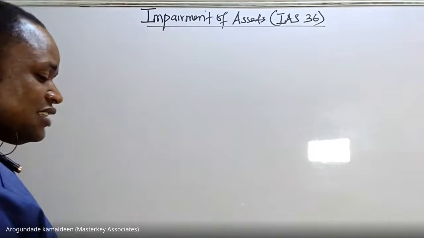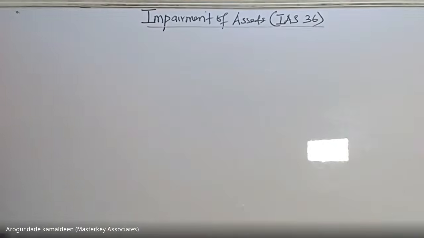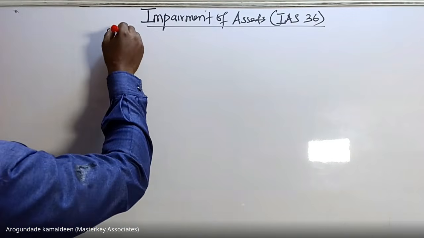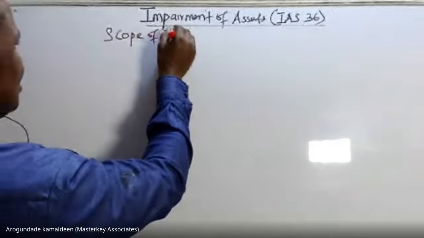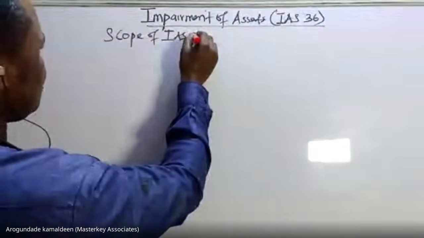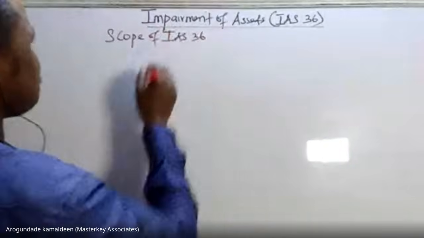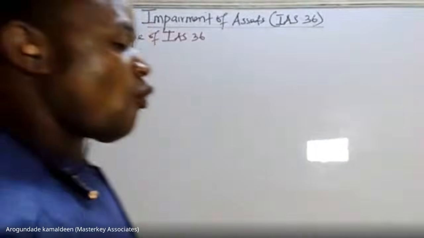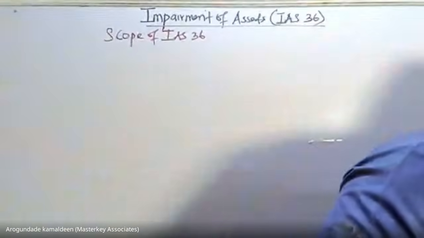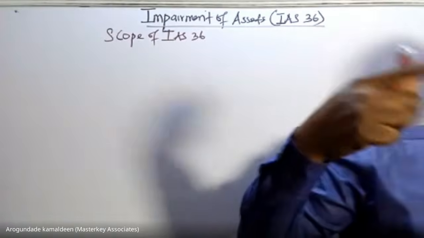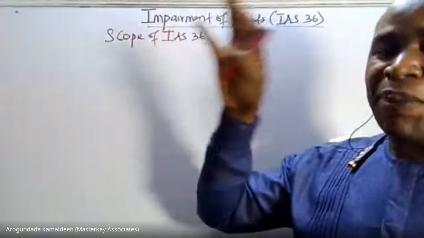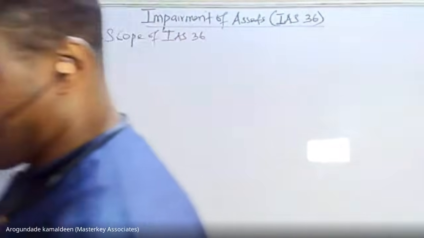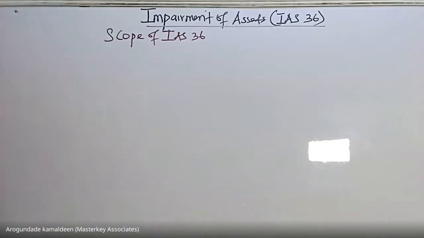Also, for any standard, there is what we call scope. The scope of IAS 36. We have many standards, right? The scope of a standard talks about those things, those areas, that the standard applies to.